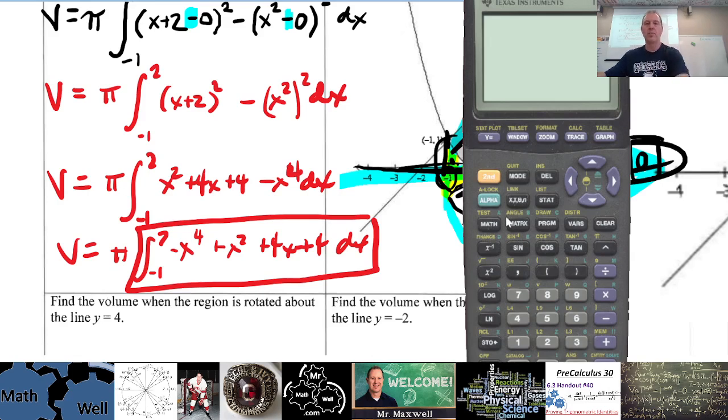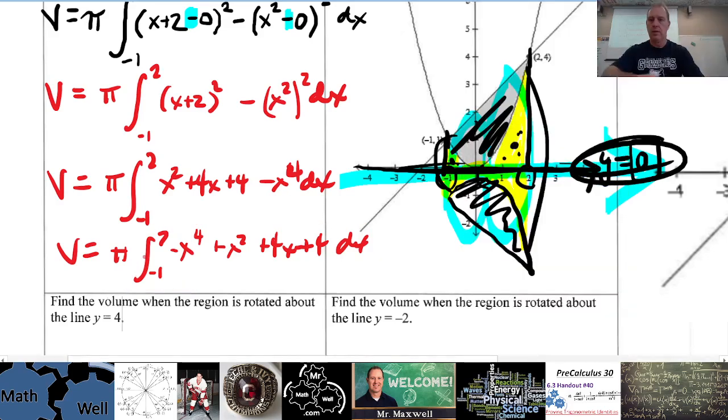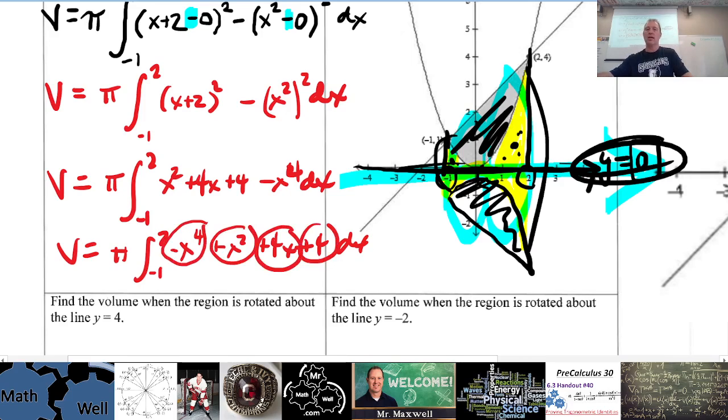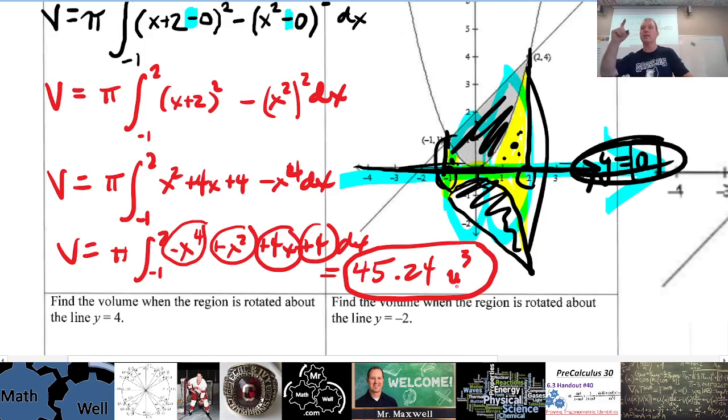Either way, and we've been through that before, so I won't take too much time on that. Of course we could do this manually. It's actually not that hard to find the antiderivatives of each of these terms. So this could be done by hand, but we've got our calculator involved, so we got about 45.24 units cubed for the volume of the solid. You guys get that?